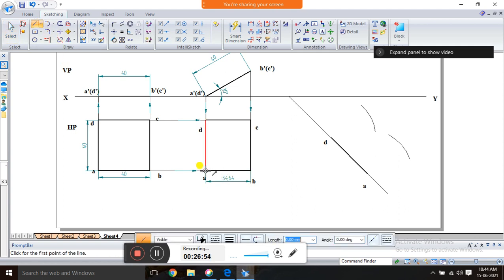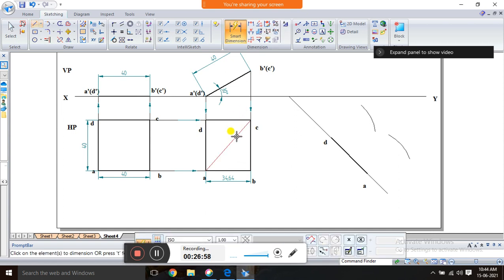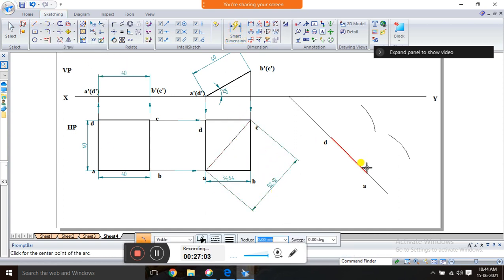So place the compass at A and place it at D. That is what you have to measure. It is 52.92. So take that, and from here 52.92, cut the arc, and from here the same thing, 52.92, cut the arc, so that you will get an intersection point.